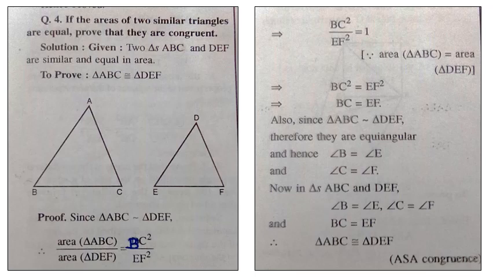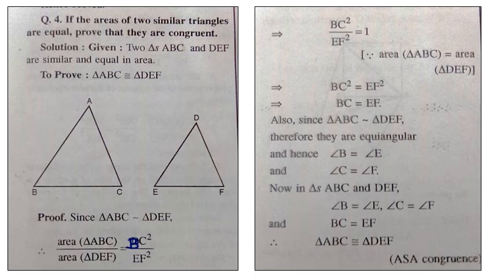Now by using theorem 6.6, we have area of ABC divided by area of DEF is equal to BC by EF the whole square. That is the square of the ratio of their corresponding sides. Ratio of the areas of two similar triangles is equal to the square of the ratio of their corresponding sides.